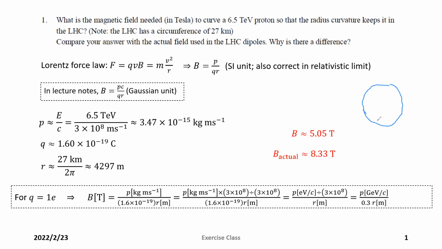But in reality, in LHC, the magnets are not distributed evenly around the circumference. There may be some other components, for example, the focusing lens. So in order to achieve the same bending power, we have to use a higher magnetic field to bend the protons. That's why the actual B field will be higher than our calculation.